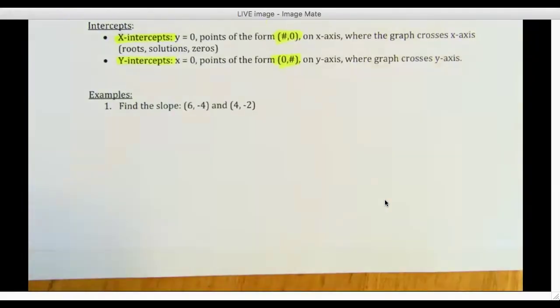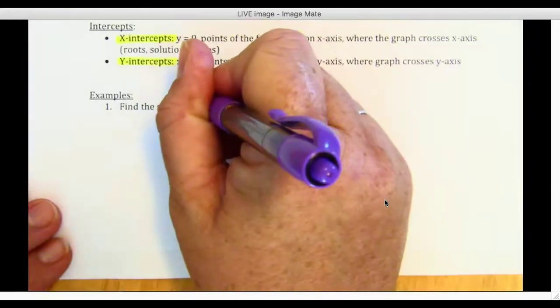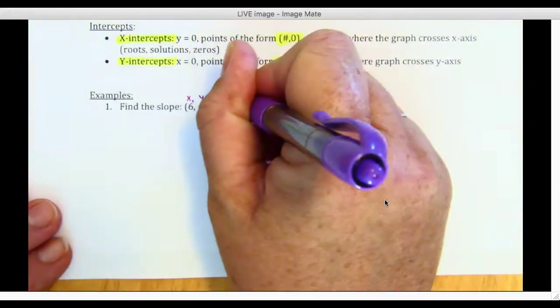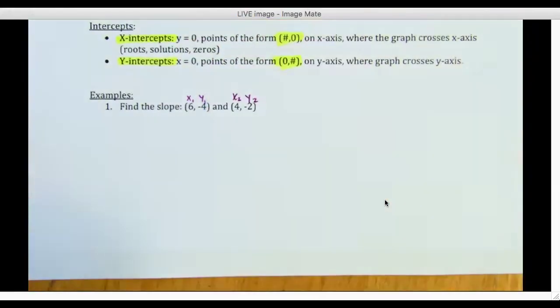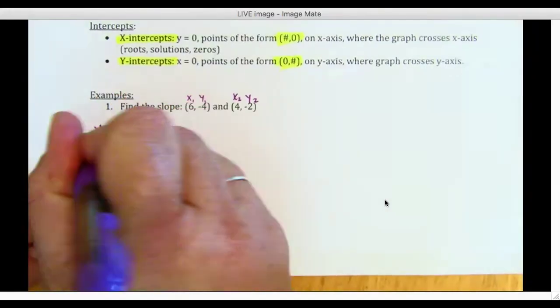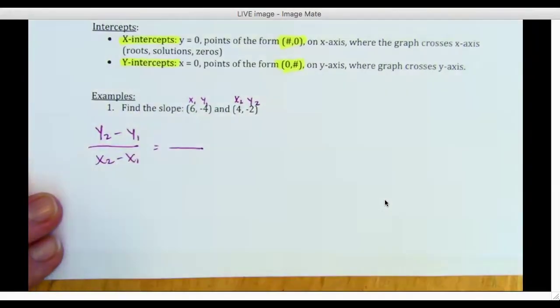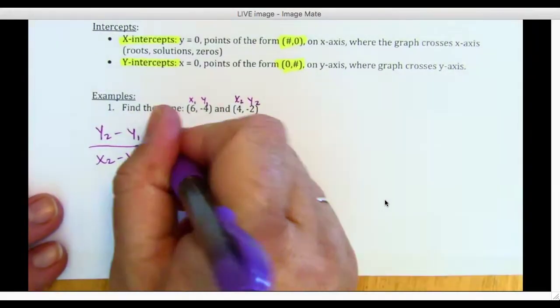So in this first example here, we have 2 points, and we want to find the slope between these 2 points. I find it's helpful if you label your points x1, y1, and x2, y2. And then you can just plug into that formula, y2 minus y1 over x2 minus x1. And our y2 value is -2.